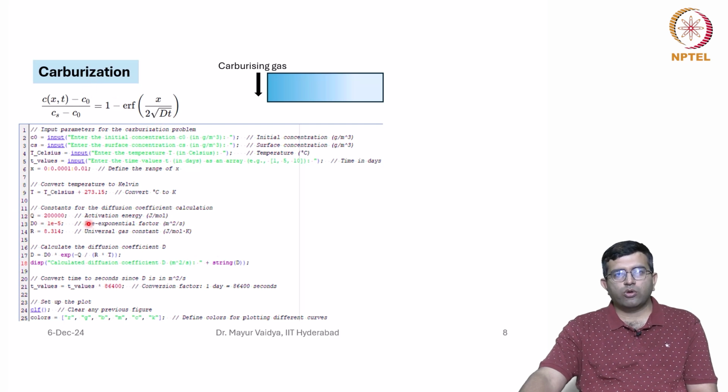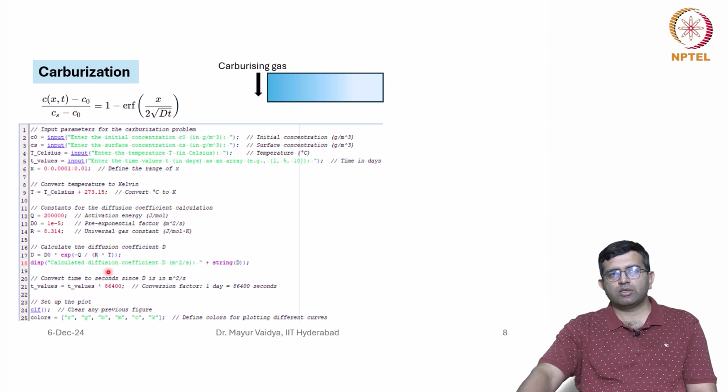Q is equal to 200 joule per mole, D naught is equal to 1 into 10 power minus 5 meter square per second, and R is equal to 8.314. And then you calculate the diffusion coefficient, D is equal to D naught exponential minus Q by RT. These are just simple mathematical relations.